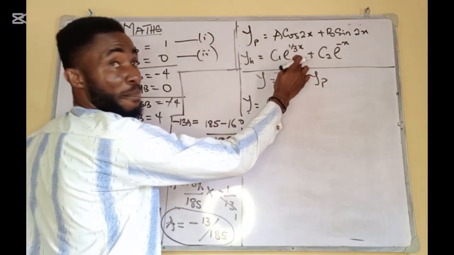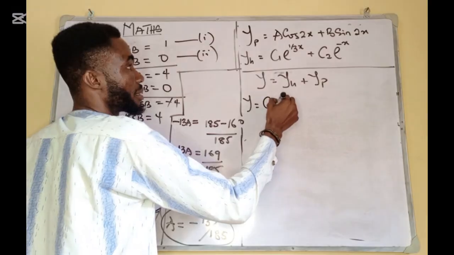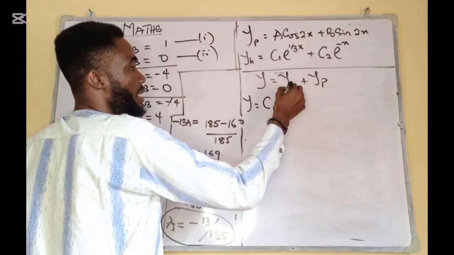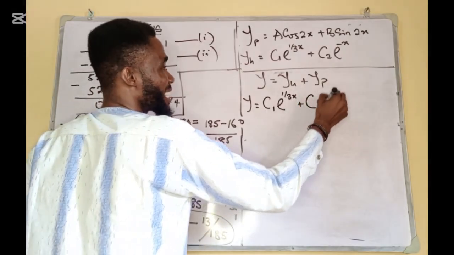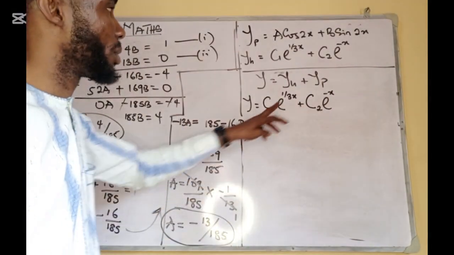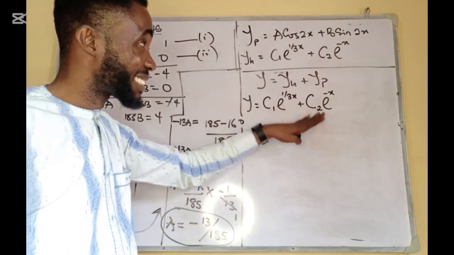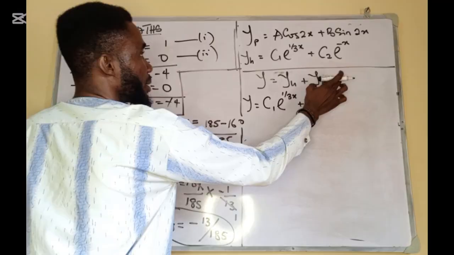Look at it here. My y homogeneous is c1 exponential of 1 divided by 3x plus c2 exponential of minus x. Is that clear? So this is my first part of the answer. Now remember, I'm doing plus y particular.